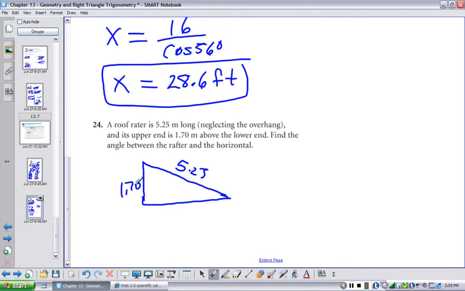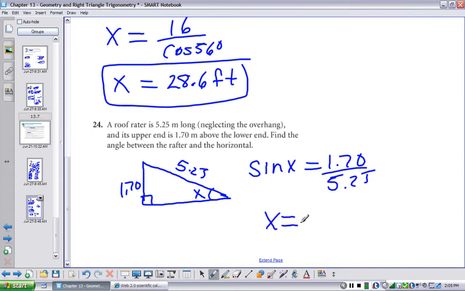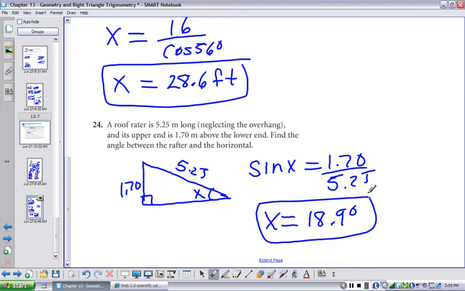They want to know the angle between the rafter and the horizontal. So here we have opposite over hypotenuse. So sine x is opposite over hypotenuse. So x is going to be the inverse sine of that, which is 18.9 degrees.